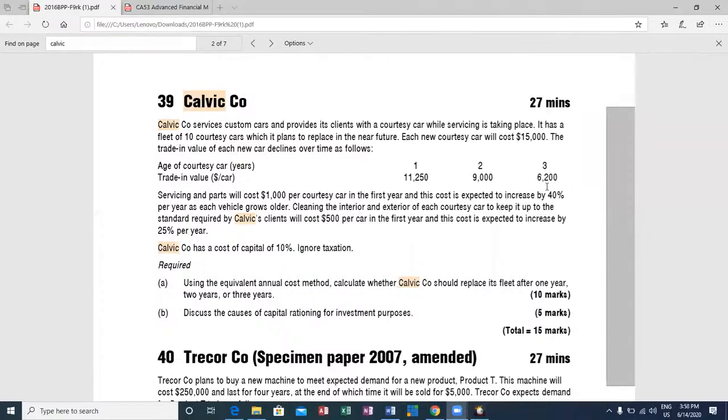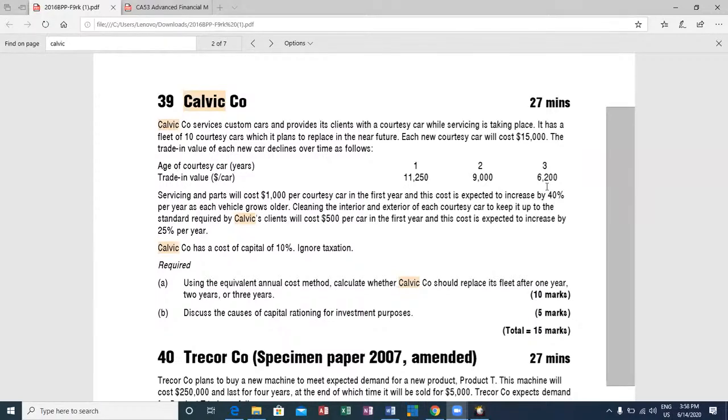They were given as age of courtesy cars 1, 2, 3, meaning that I'll have to do a replacement cycle for 1 year, a replacement cycle for 2 years, and a replacement cycle for 3 years. And then I can see the trade-in values being given there. Servicing and the parts will cost $1,000 per courtesy car in the first year, and this cost is expected to increase by 40% per year as each vehicle grows older.